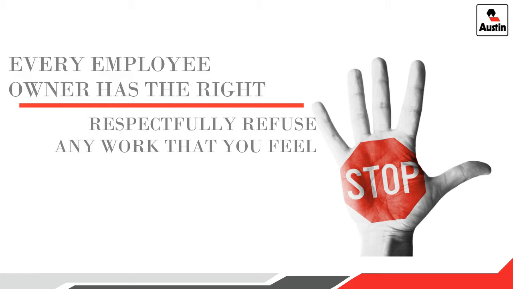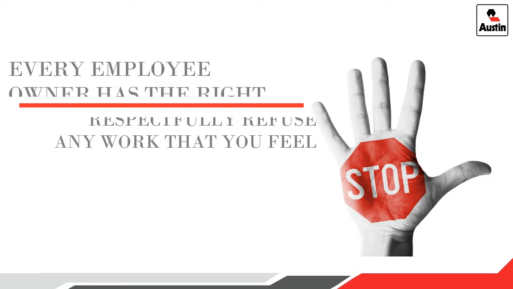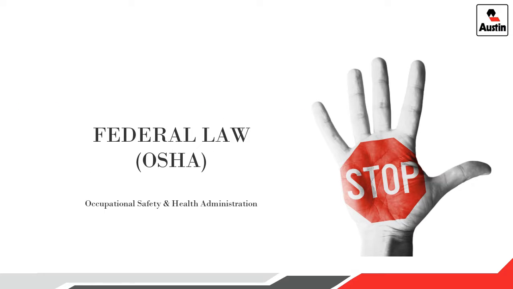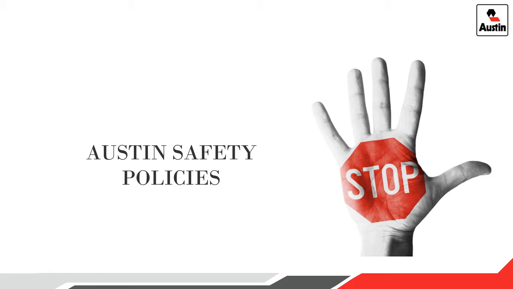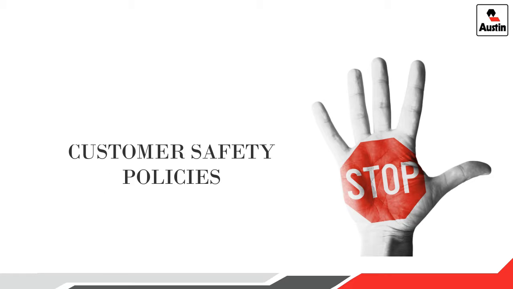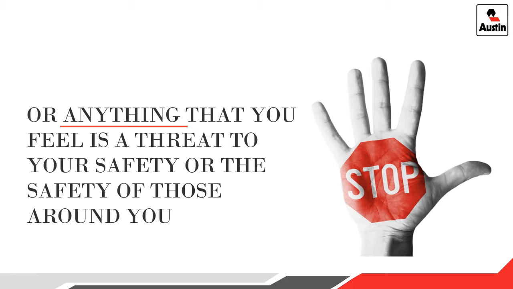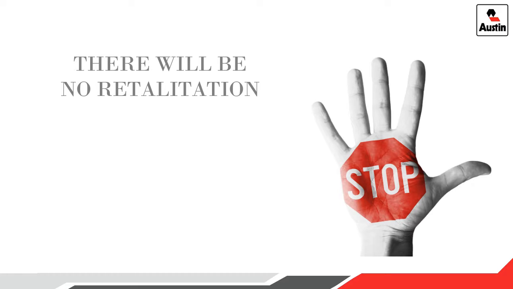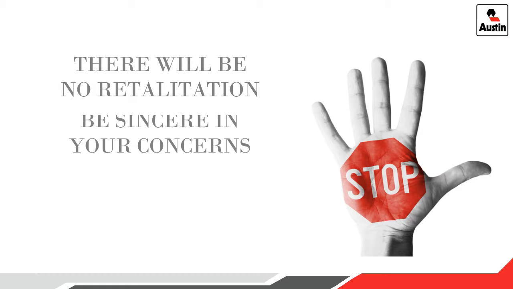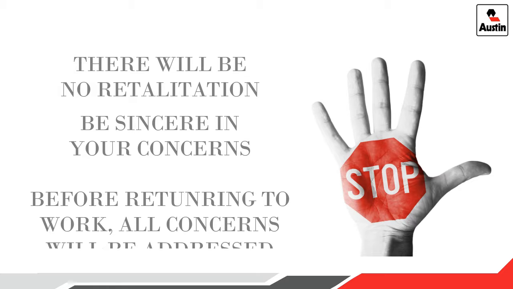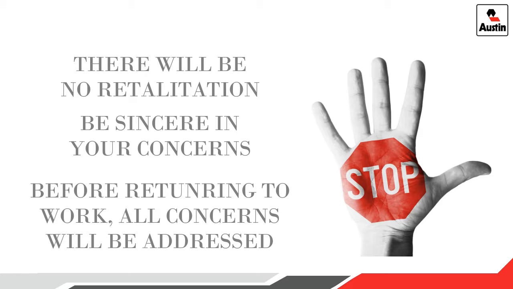Any employee owner has the right to respectfully refuse to perform any work that you feel violates the federal law, which is OSHA, Alston safety policies, customer safety policies, or anything that you feel represents a threat to the health of yourself or those around you. You have the right to refuse this work without any fear of disciplinary action, so long as you've acted in sincerity. Before returning to work, all problems will be addressed and resolved.